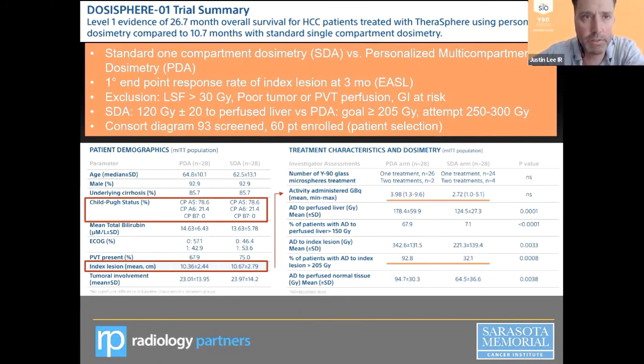It's coming out. This is the DOSISPHERE trial, which really looked at standard dosimetry for glass versus personalized multi-compartment dosimetry, with a target goal of reaching above 205 gray, or attempting to reach that 250 to 300 gray threshold. The interesting thing to look at is that these are large tumors. So one of the questions is how do they account for coverage in tumors that on average are about 10 centimeters?